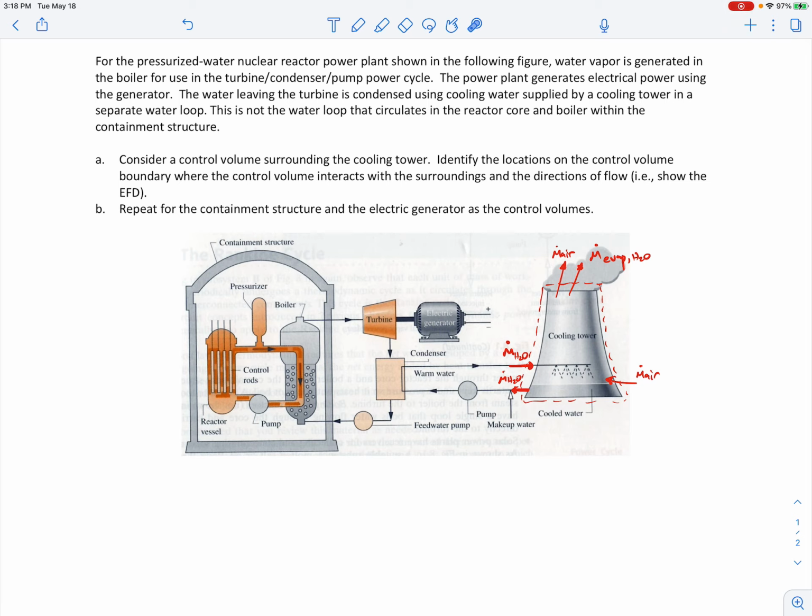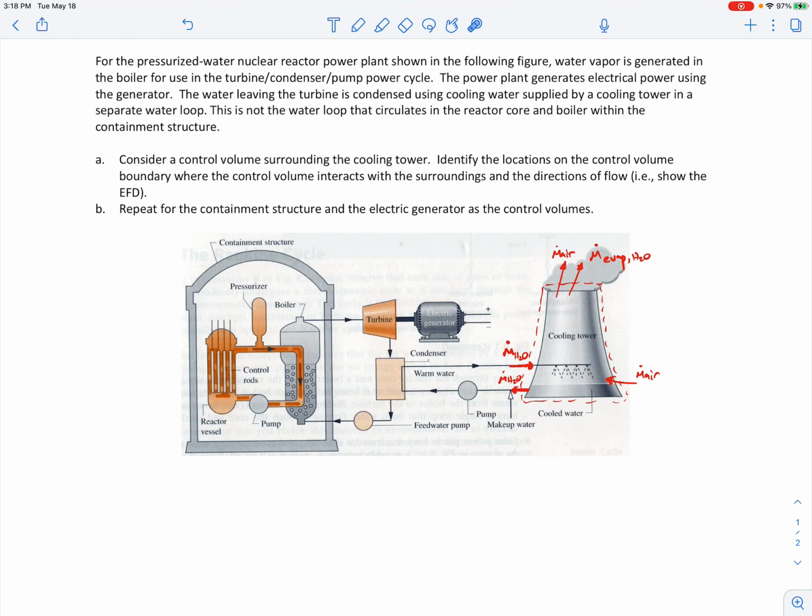There is energy escaping from this cooling tower because of the evaporated water. It'll carry some energy out with it here, but it's not like a rotating shaft or electrical work or heat transfer. It's just because the water here probably has a little bit of elevated temperature compared to the water here, for example. So anyway, for part A, this is everything we need to show.